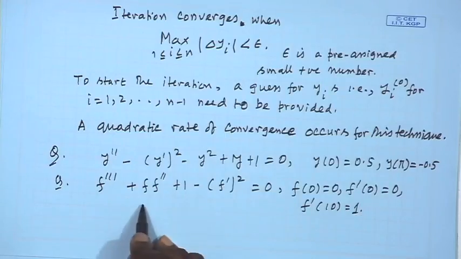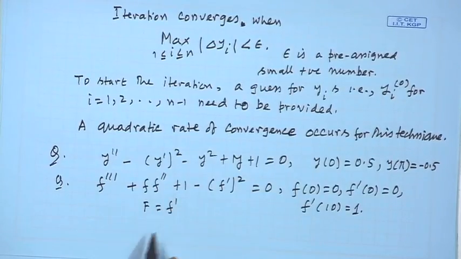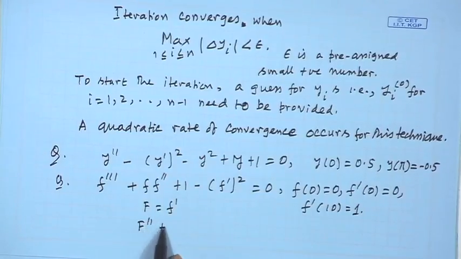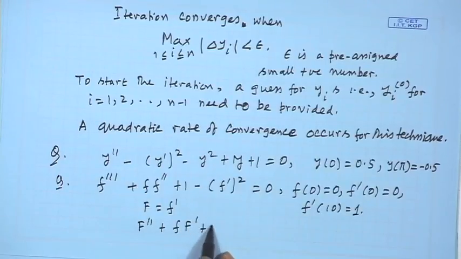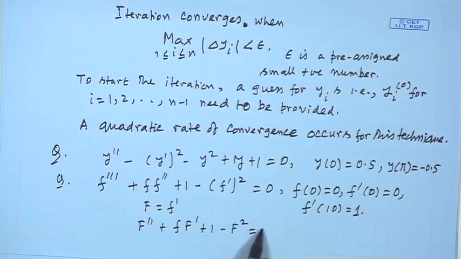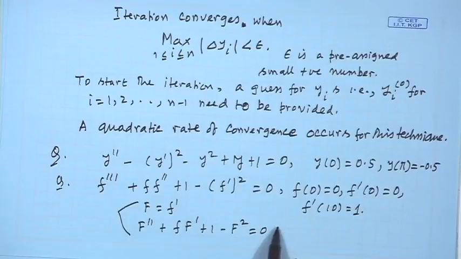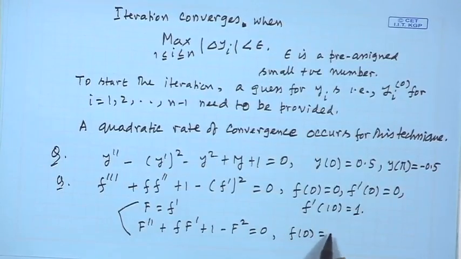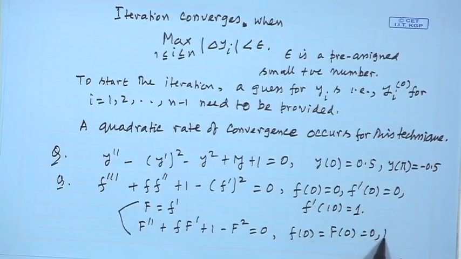For this case it is to be block tridiagonal, because if I substitute f dash, we get a nonlinear system with conditions f 0 equal to 0, f dash 0 equal to 0 and f dash 10 equal to 1.